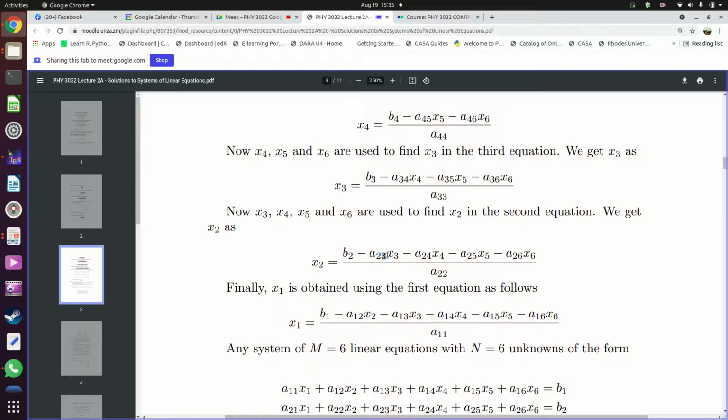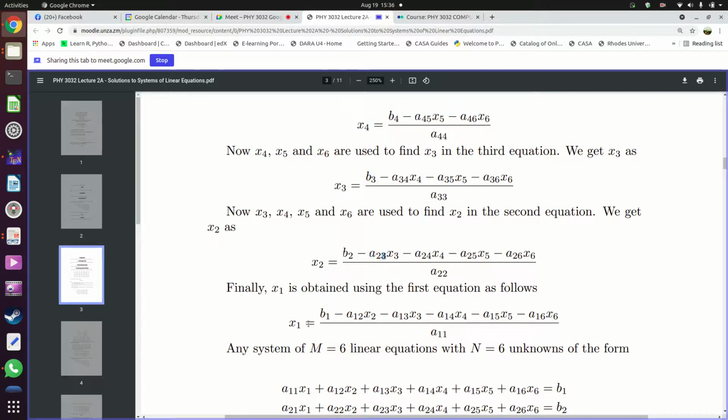So you're going to have 3, x3, then minus a24 x4, minus a25 x5, minus a26 x6, like that. You can't go to 7, because you only have 6 unknowns. You can only go up to a certain number of unknowns, which is something you already know ahead of time. The same thing is happening here.